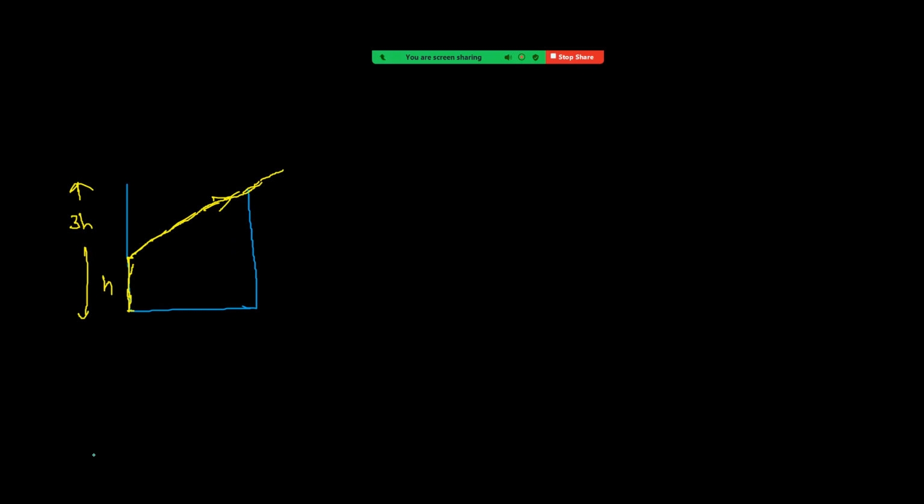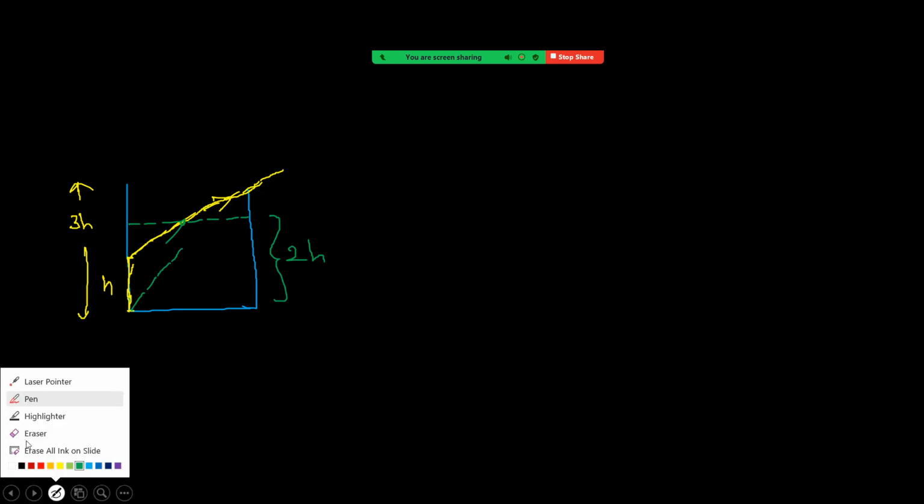Let us now see, so the height is up to 2h. This is 2h. Then he is able to see the bottom end of the rod. That means I can draw from this point. Let me draw once again.